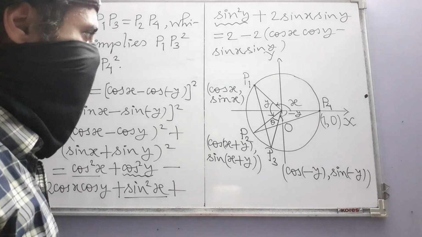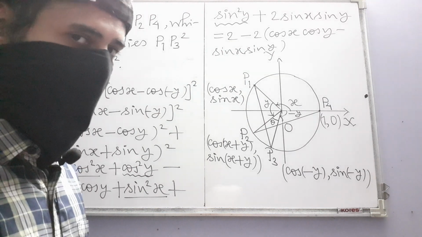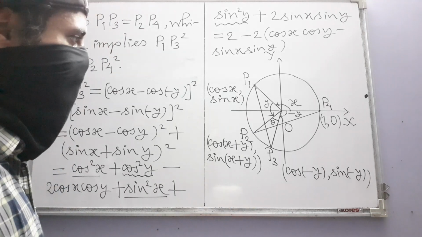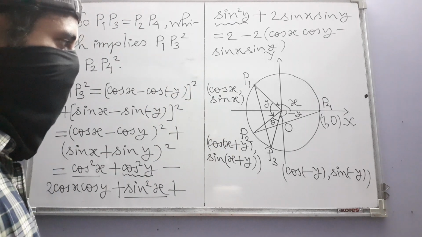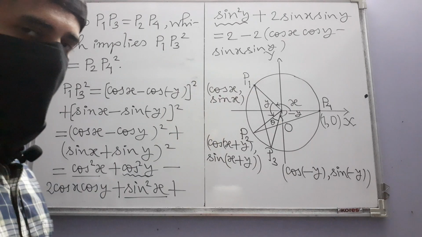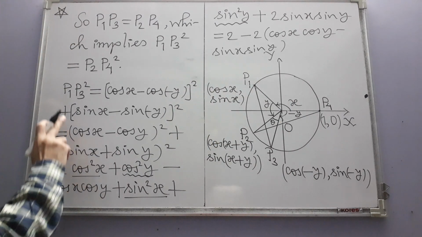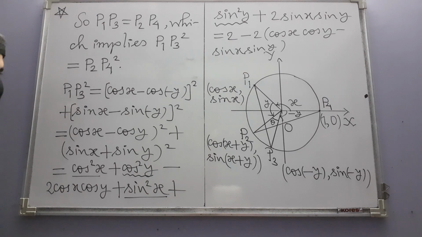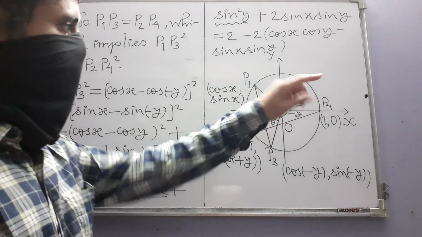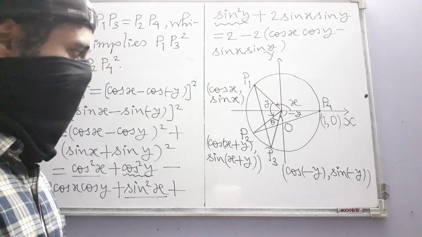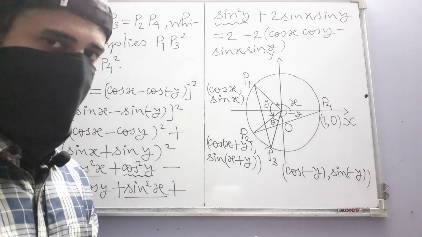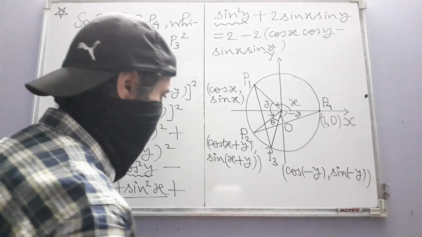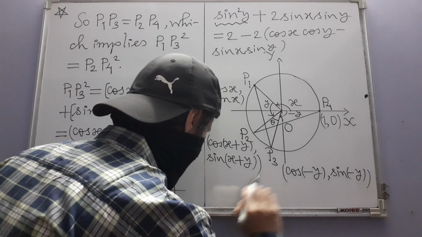All right. But what shall I do now? I mean, I need some space. So now I have to get rid of the diagram. But of course, I cannot just simply erase it now itself, because we have got only P1, P3 square. What about P2, P4 square? Let's just write the coordinates of these points, because that's all we need to calculate the square of distance, and erase the rest.